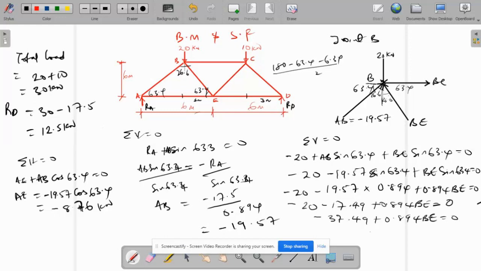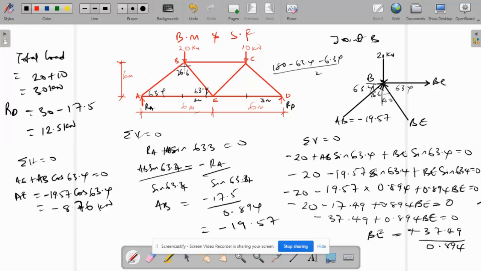So our BE will be equal to, when we take this to the other side, it will change to plus. So we'll have plus 37.49 divided by 0.894.